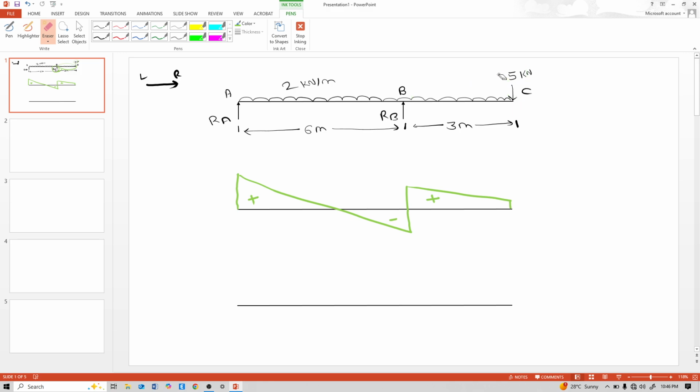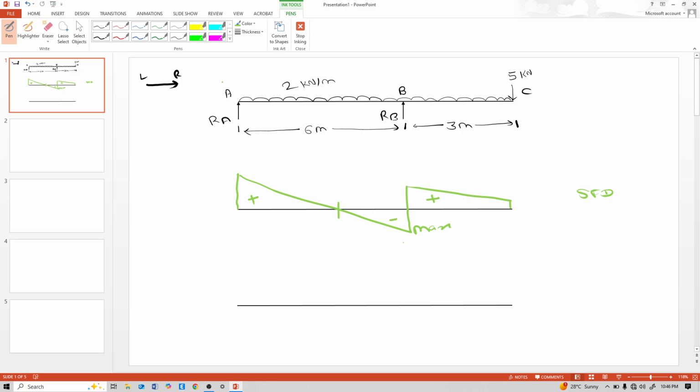Because more load is near that RB support, so here the maximum reaction or maximum shear comes. So this is the judgmental shear force diagram. We will see the exact values and exact shape of the correct shear force diagram later.